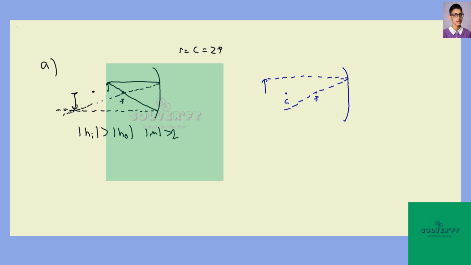This is much easier to do with a ruler, by the way. And then finally, we have a line that comes through the focal point, hits here, and then let's have it come out parallel.